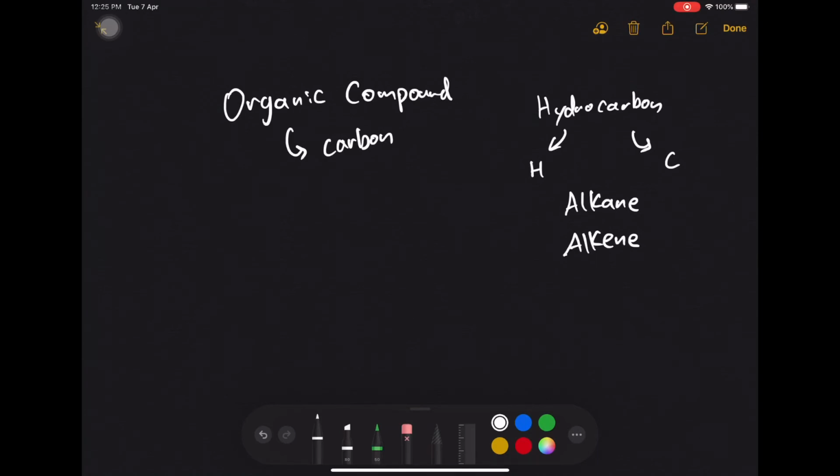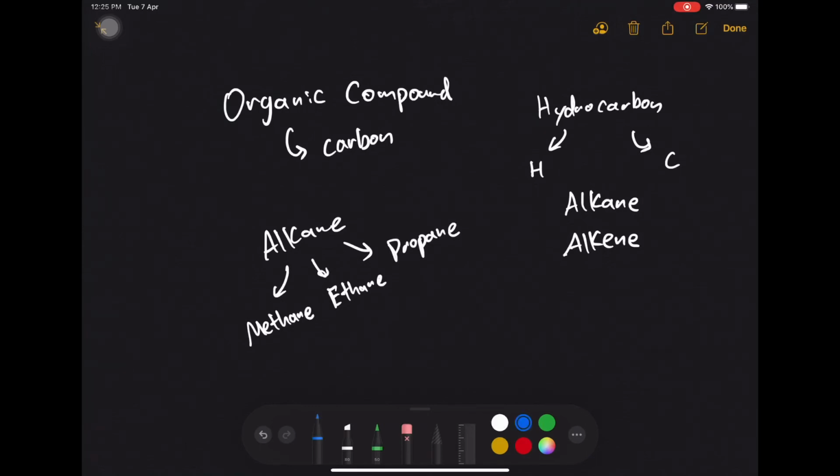Alkane has a homologous series because we have many different types of alkanes under it: methane, ethane, and propane. These three are known as a homologous series because they are under the family of alkane.